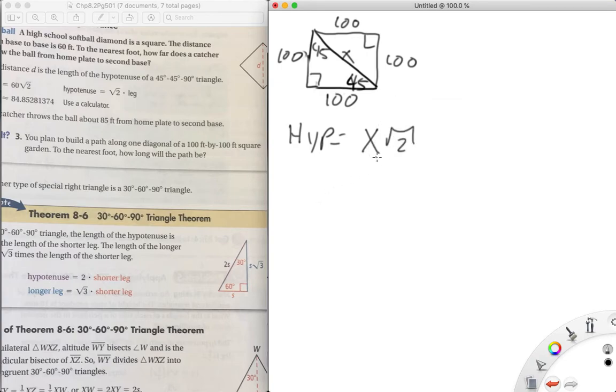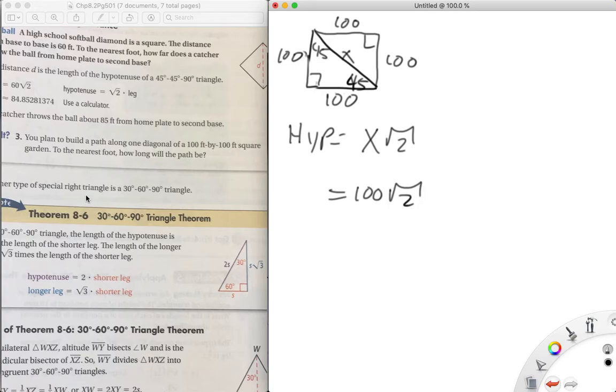In this case, the hypotenuse is what we're looking for. We have the side, or the x, equal to 100. And they wanted to round it to the nearest foot.